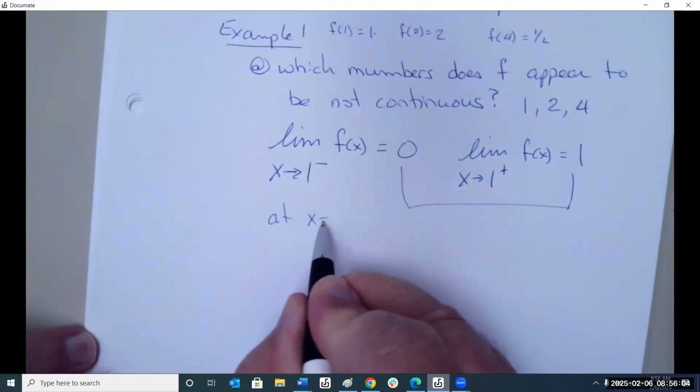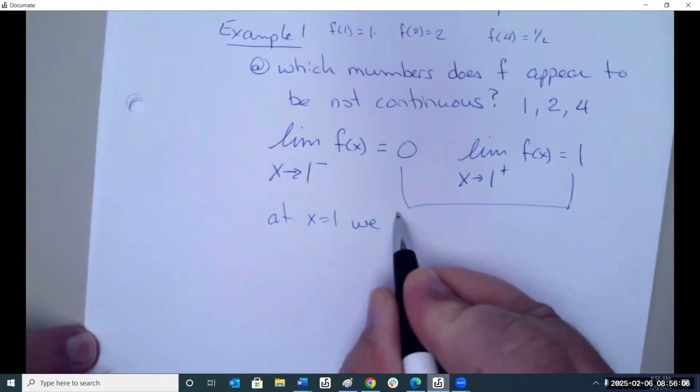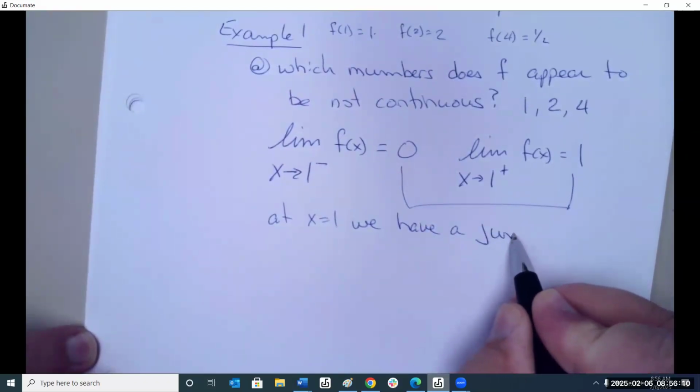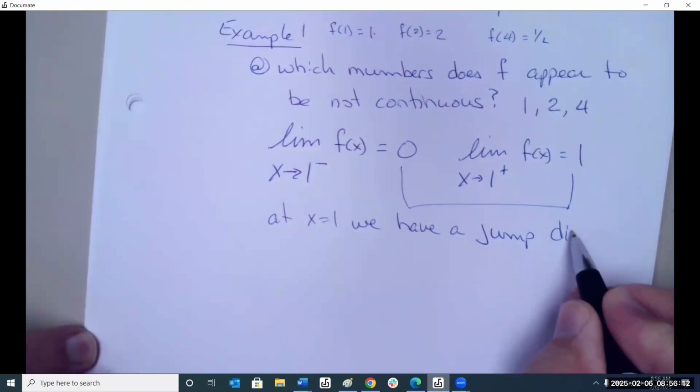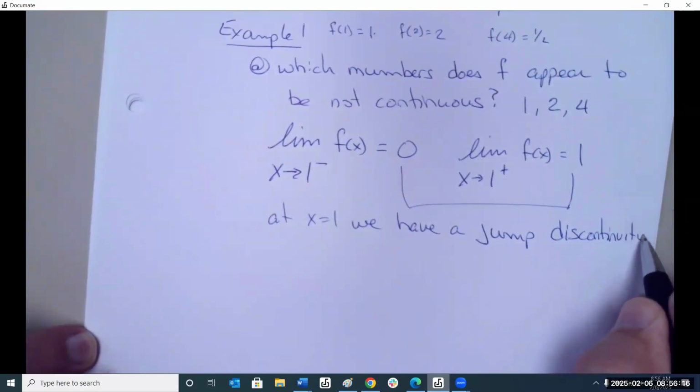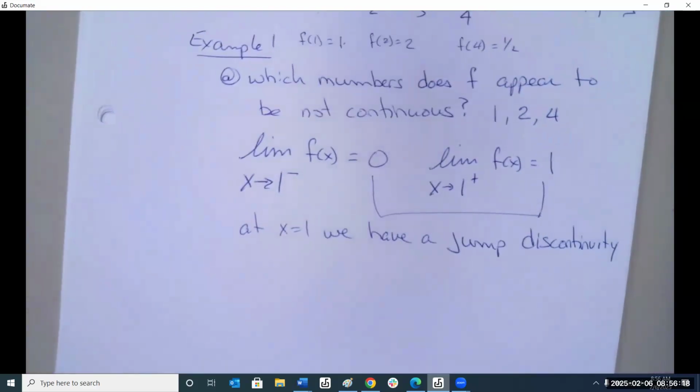At x equals 1, we have a jump discontinuity. It's discontinuous because from both sides, they approach different values.